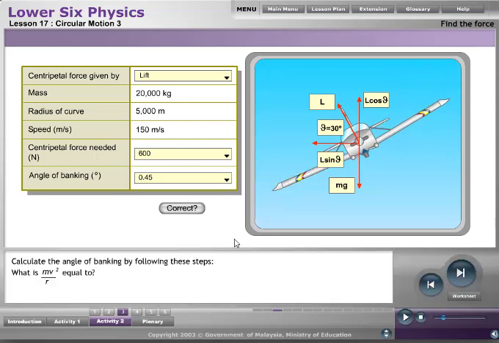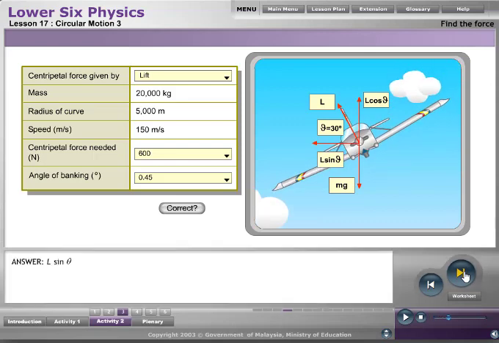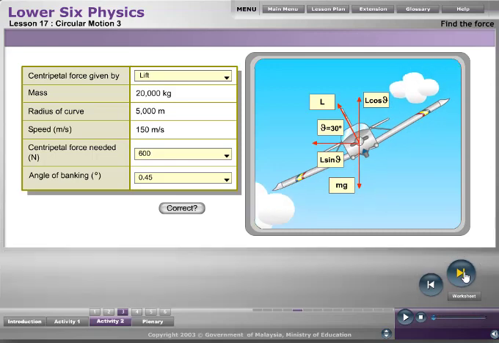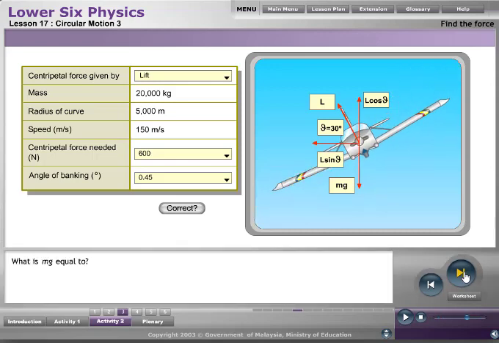Calculate the angle of banking by following these steps. What is mv squared over r equal to? Answer: L sine theta. What is mg equal to? Answer: L cos theta.